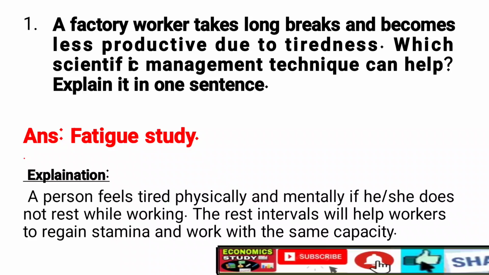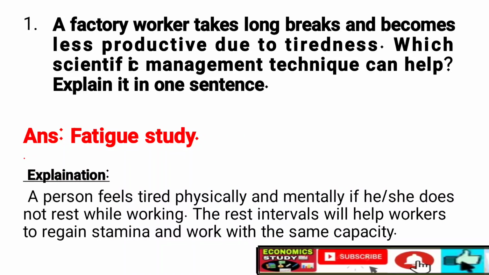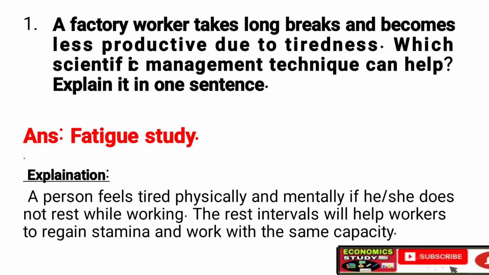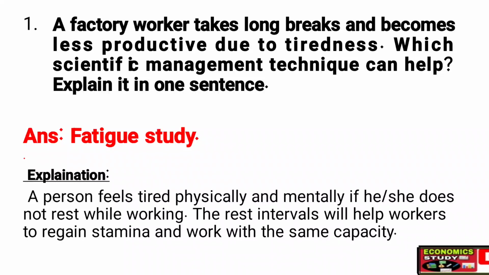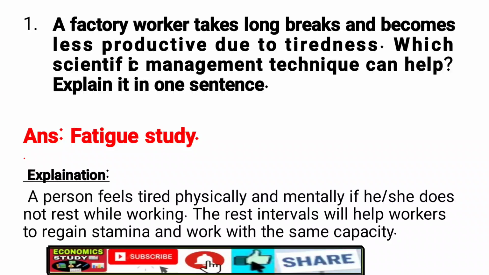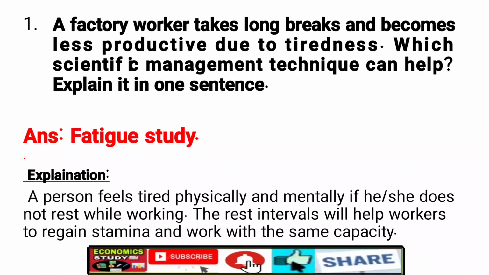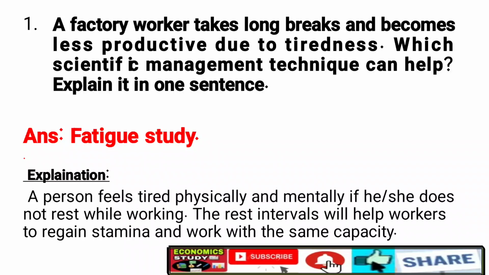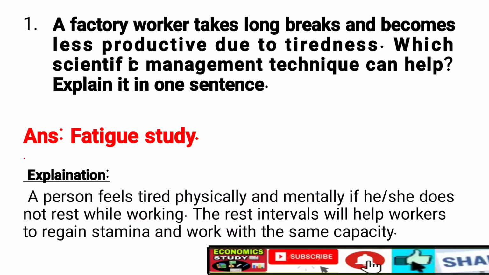Which scientific management technique can help explain it in one sentence? Answer is fatigue study. Explanation: A person feels tired physically and mentally if he or she does not rest while working. The rest intervals will help workers to regain stamina and work with the same capacity.